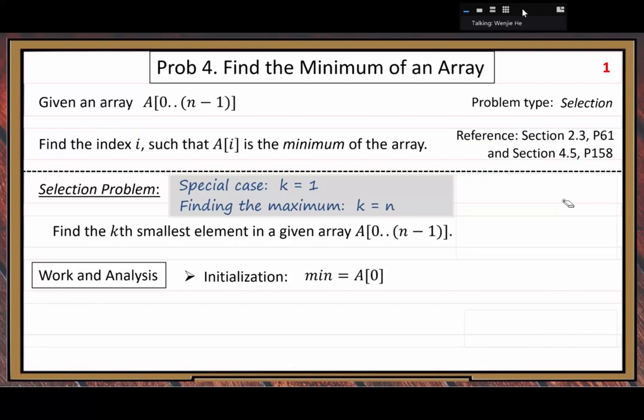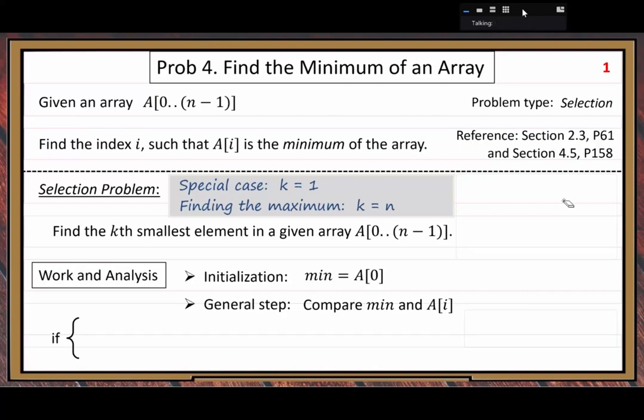Then we run a for loop. We go through all the elements in this array. The general step. In each iteration, we compare the value in this min variable with the value of the current element, min and A of i, and see which one is smaller. So we consider two cases.